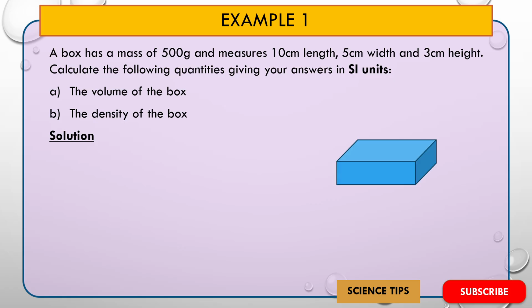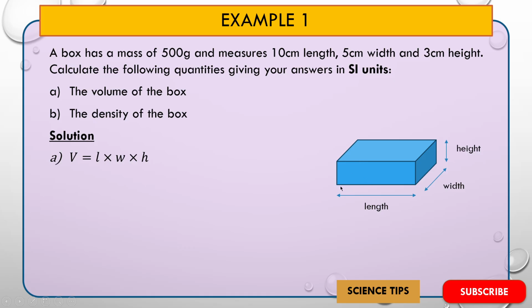First of all, we need to look at the box, we visualize it, and to get the volume, we have to get the 3 sides that define any space. So we have the length, width, and height, and we can now know that the volume equals length times width times height. So the keyword here is SI unit.